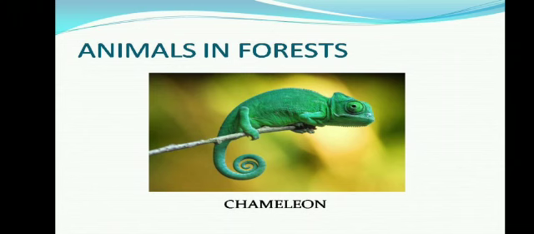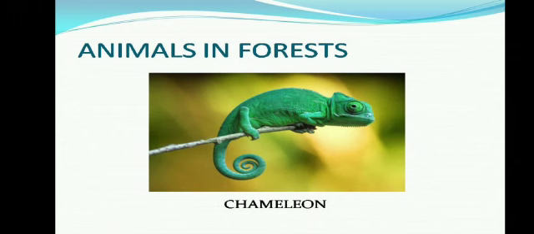This is known as camouflage. The method of hiding in the surroundings by changing one's physical appearance is known as camouflaging. This will be used to protect it from enemies. A chameleon is a good example of camouflaging.